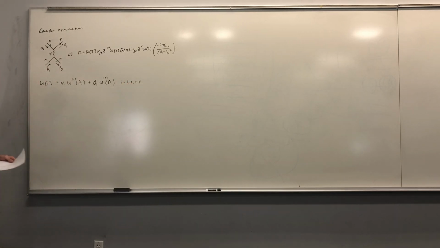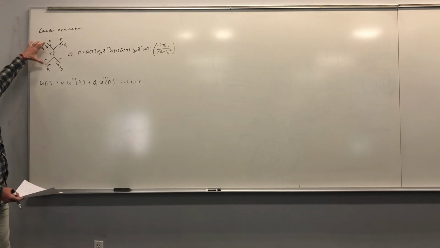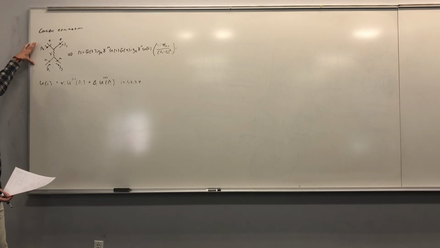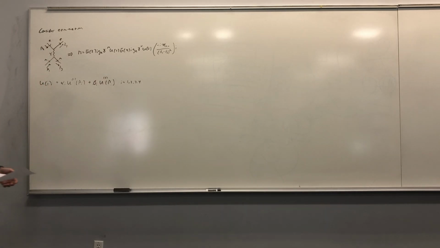Now, like I said, we're going to average over the incoming polarizations and sum over the outgoing, but of course averaging starts out by summing and then dividing by the number, so we're first and foremost going to look at summing the polarizations, and then we'll throw in a factor to get an average later on.